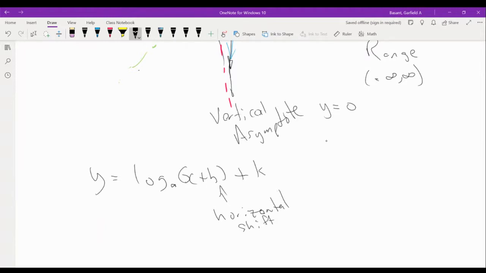And if we add something to the whole problem, just like with any function, this is a vertical shift.